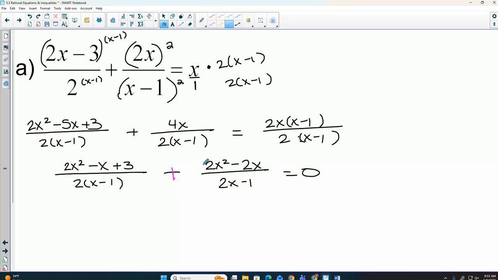Make it plus and distribute that negative. So, my 2x squareds cancel. Negative x plus 2x, so I get x plus 3 over 2 times x minus 1 equals 0. Okay, so all the work I did was just so that I have a single fraction on one side, 0 on the other.